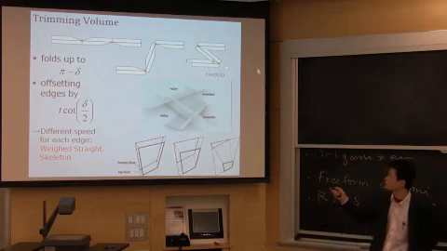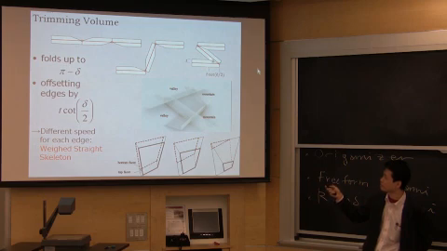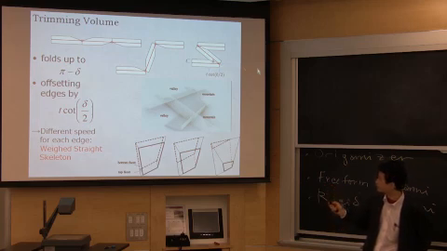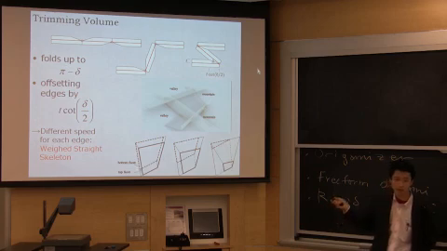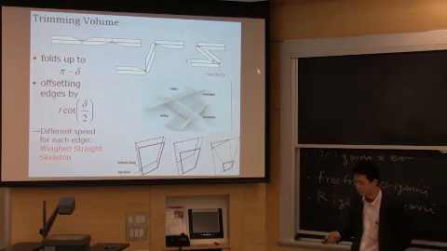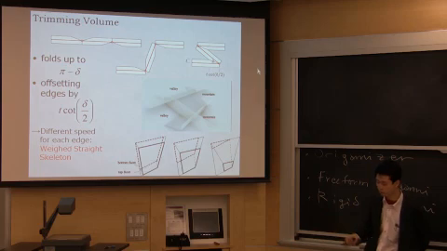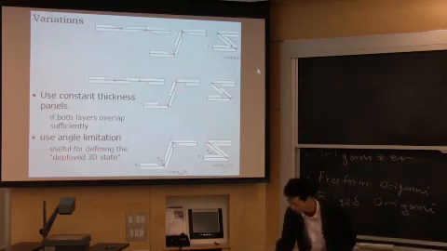You assume that this folds to pi minus delta, and you can just remove this part according to the maximum folding angle. And you can define this point by offsetting the edges, which is basically calculating a weighted straight skeleton.